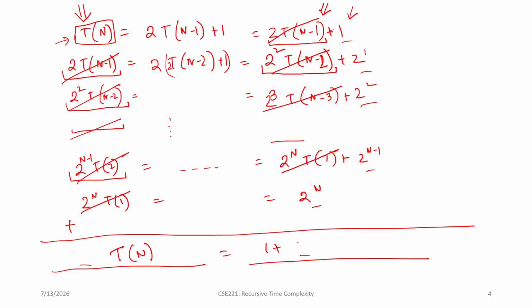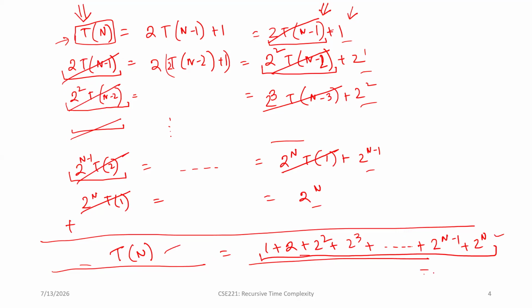So it reads 1 plus 2 plus 2 squared plus 2 cubed, all the powers of 2 in each of these lines, up to 2 to the n. That means the summation of all the powers of 2 from 2 to the power 0 up to 2 to the n is the time complexity of our function.